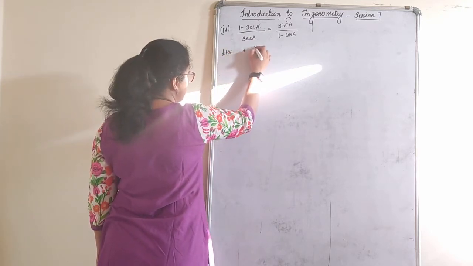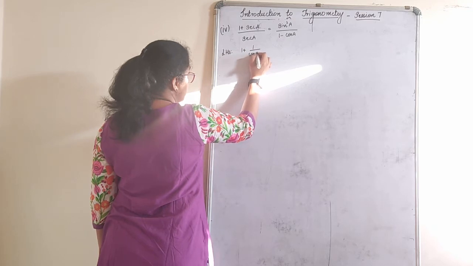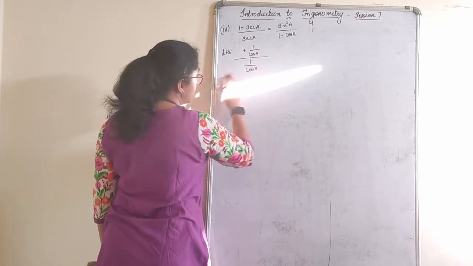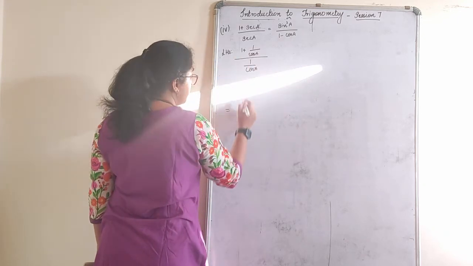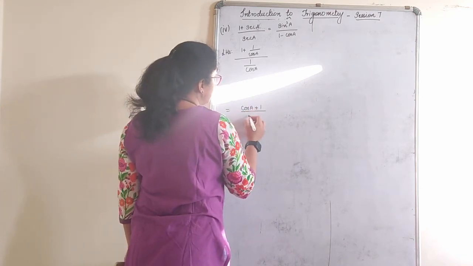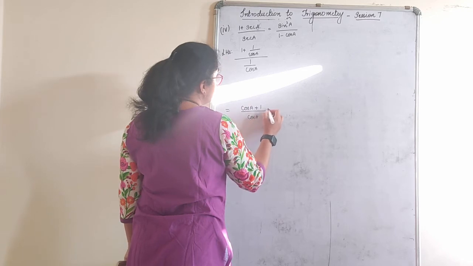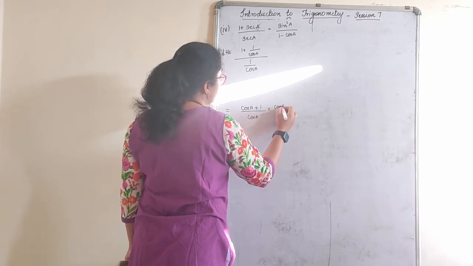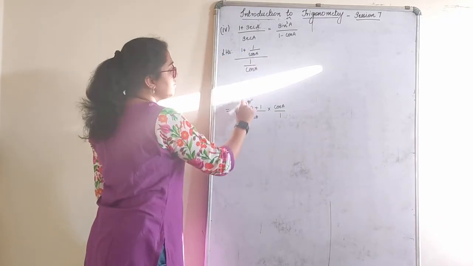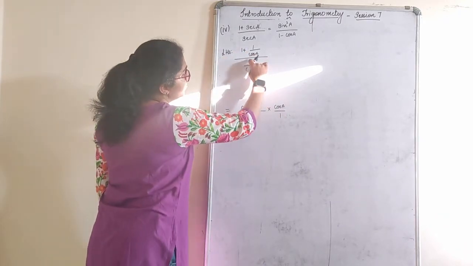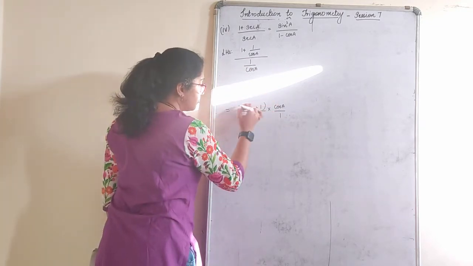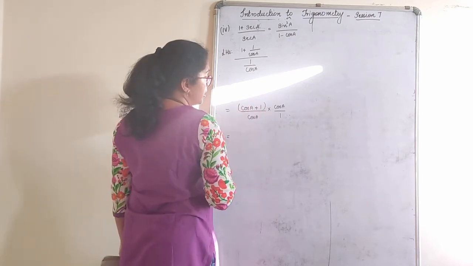Now 1 plus 1 by cos A, divided by 1 by cos A. I'll just write here because there's some glare, you can't see it. LCM: cos A plus 1 divided by cos A, into cos A by 1. I just took the reciprocal immediately. Cos A plus 1 divided by cos A, into 1 by cos A; I have written cos A by 1, the reciprocal. What do I have to do now?